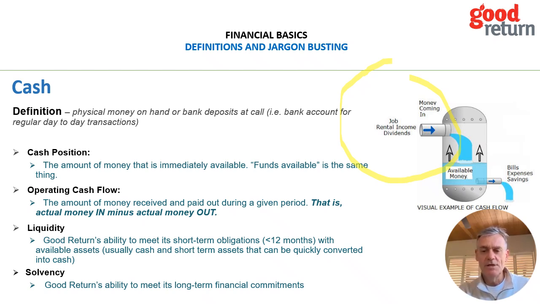And if you own some shares, you might be earning some dividends from those shares. So that would be the money coming into your cash flow. And of course, the amount of money going out is probably generated by the bills and the expenses, and maybe some personal savings that you're also putting aside. So it's as simple as that. Your personal cash flow is not that different to the operating cash flow of a business.